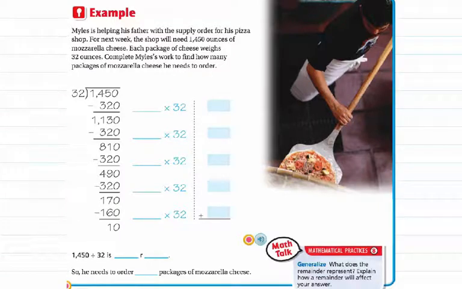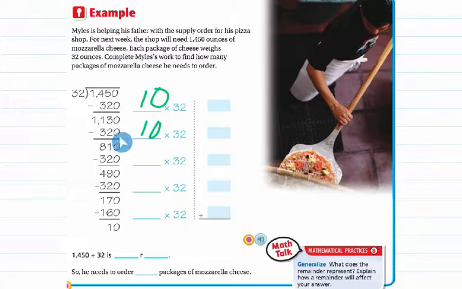So what we're going to do is we're going to start with using multiples of 32, and 10 are the easiest to use. So we do 32 times 10, and we subtract this amount from the dividend, and we get 1,130. Again, we use the same multiple, 32, 10. 32 times 10 is 320.